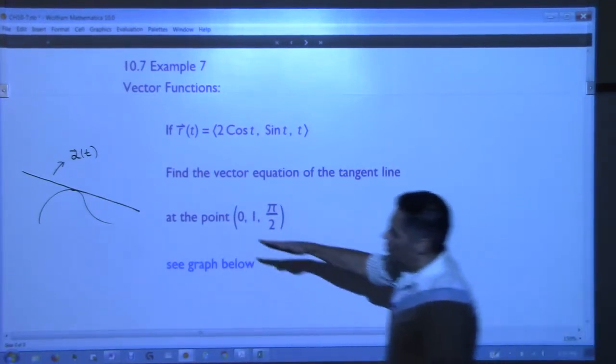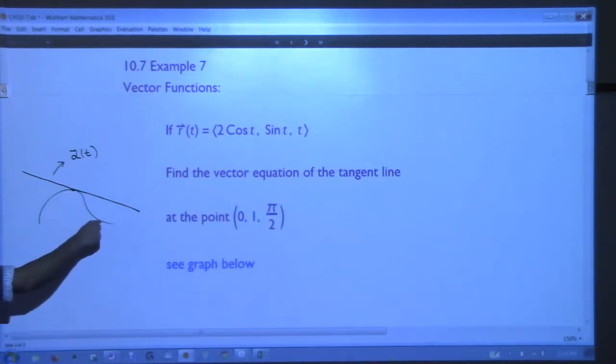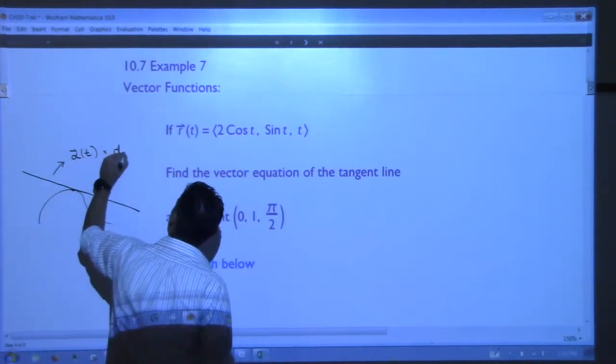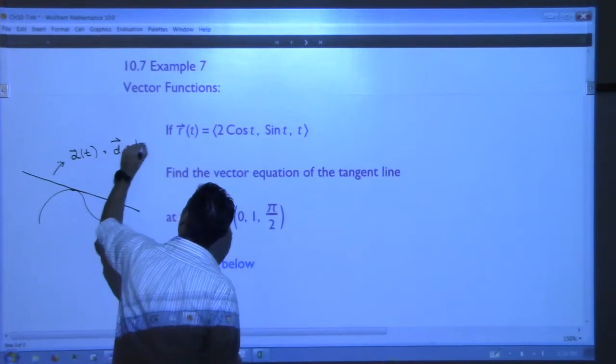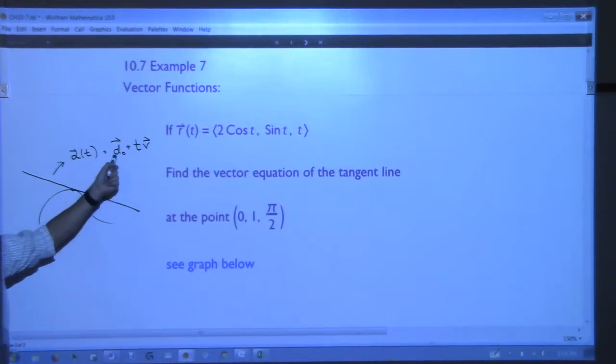And we're going to try and draw the line that's going to hit our curve in three-dimensional space, tangent to our curve, and draw the whole line. So if we're going to use this, then we also need to know d naught plus tv. That's what we need whenever we want to draw a line in three-dimensional space. We were using r naught, weren't we? r naught plus tv, but because I'm calling it d, I'm going to call it d naught.